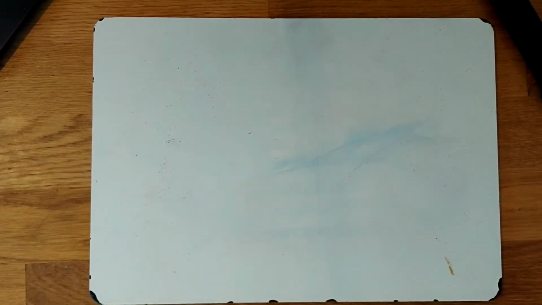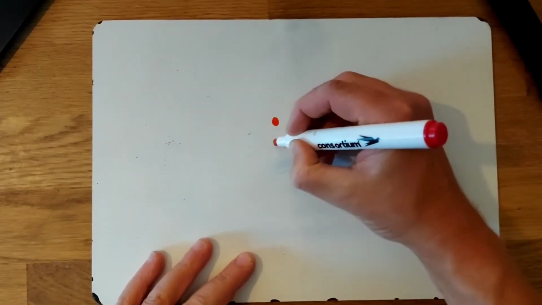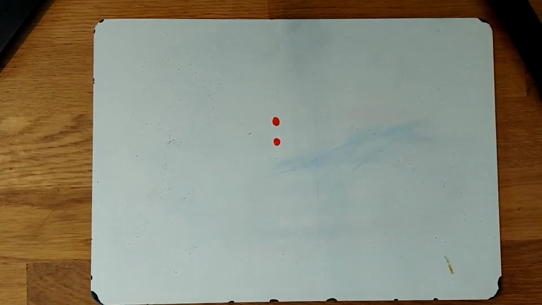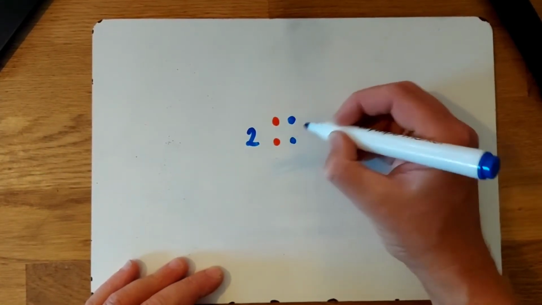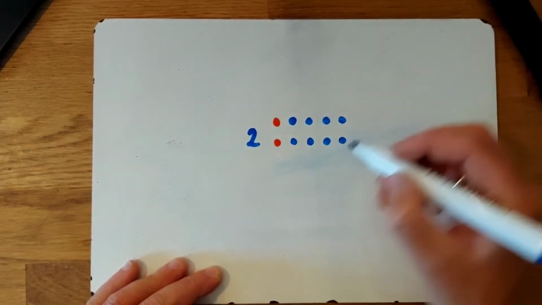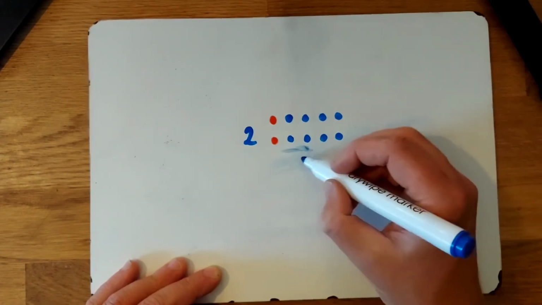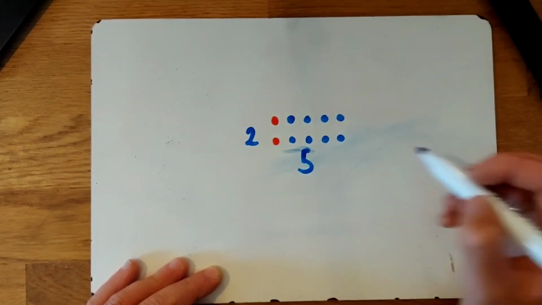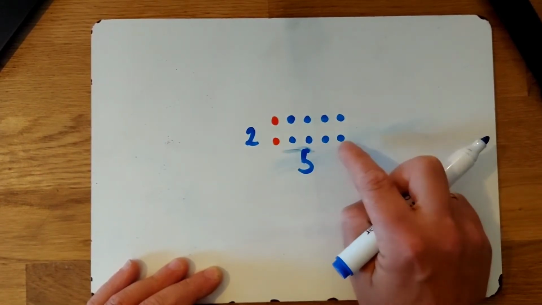So again, if I had 2 things and I had 5 times as much, I'd go 1, 2, 3, 4, 5. So that's that, and then if I counted these up, I can count 2, 4, 6, 8, 10.